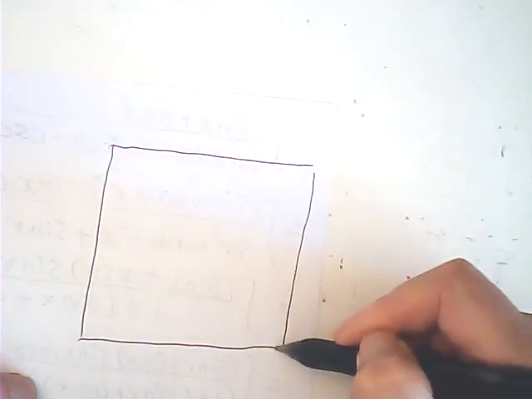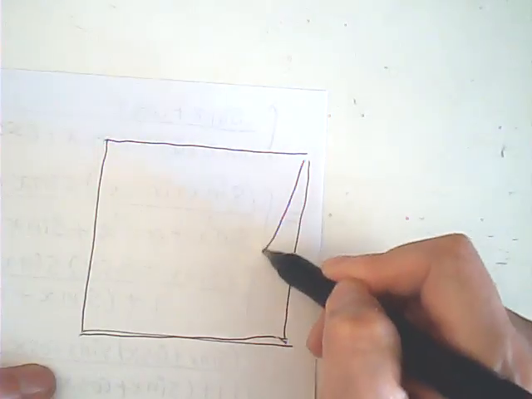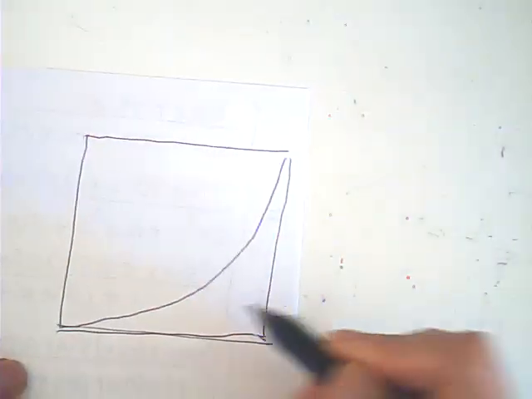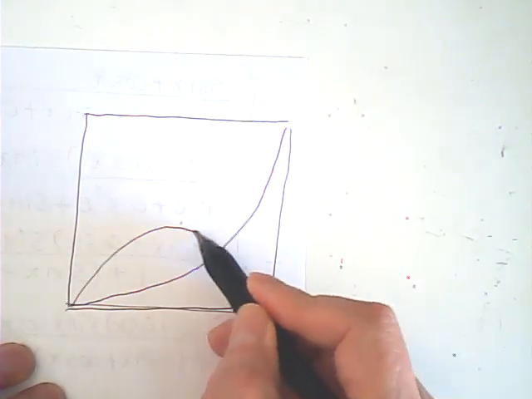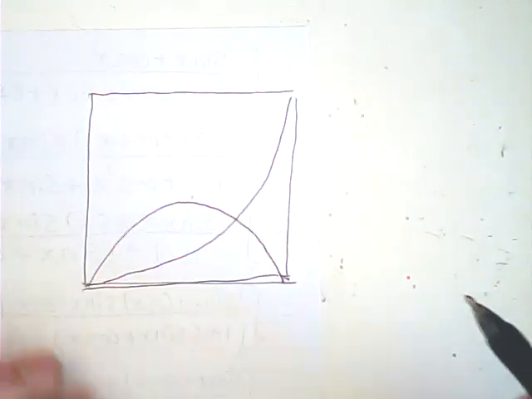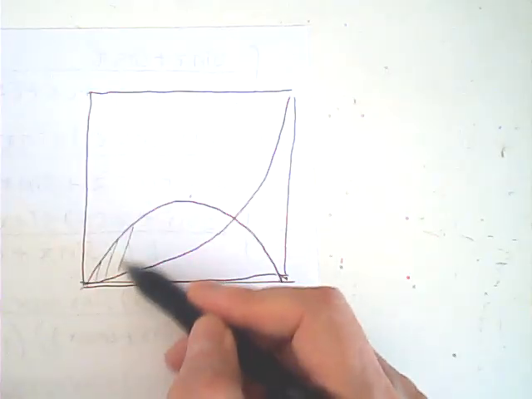Well, it's not easy to draw a nice picture with freehand, but I do my best. This is the semicircle. And this is the area we're looking for.